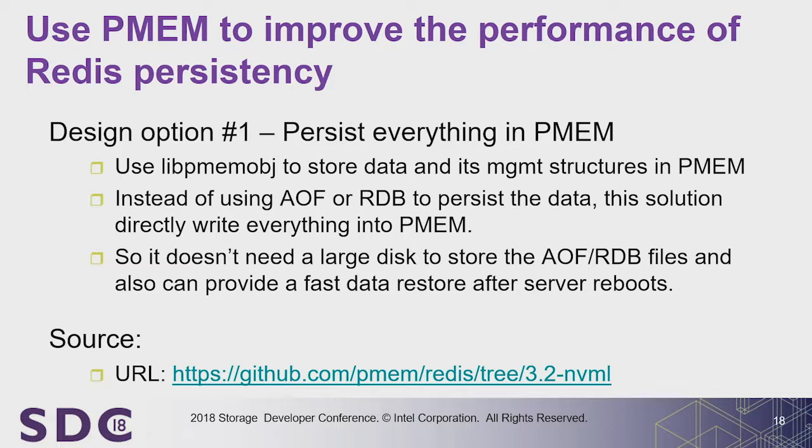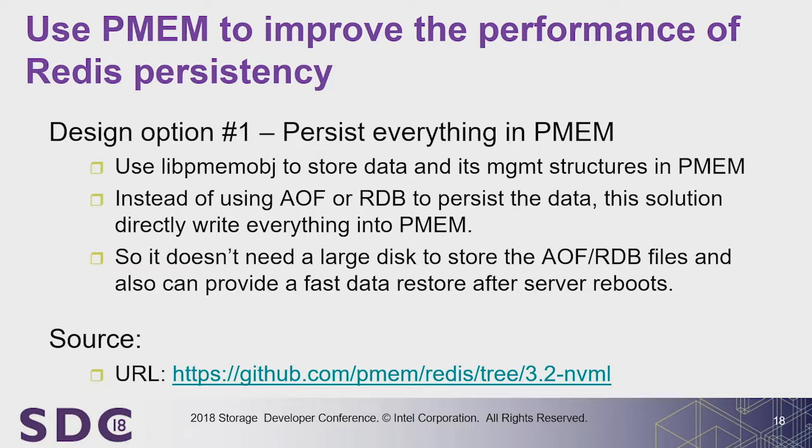And secondly, we use libpmemobj to store all data and the management structure there. So in this case, AOF or RDB should not be the mechanism to keep persistency, but PMDK itself should do that, right? It has some benefits.